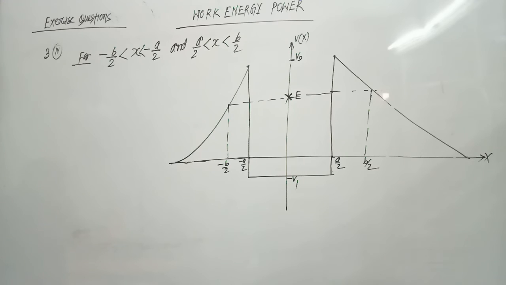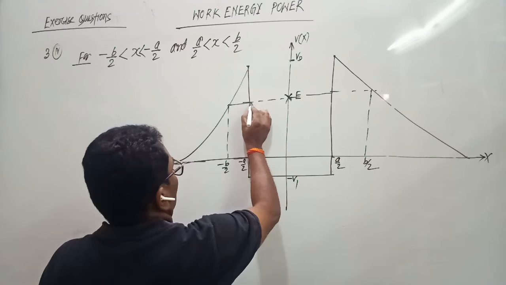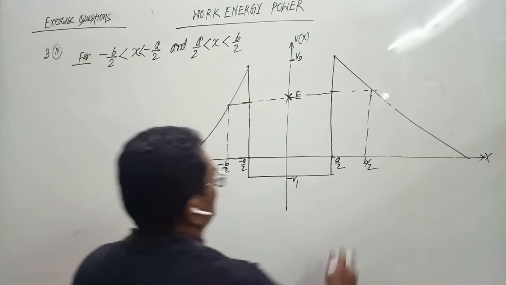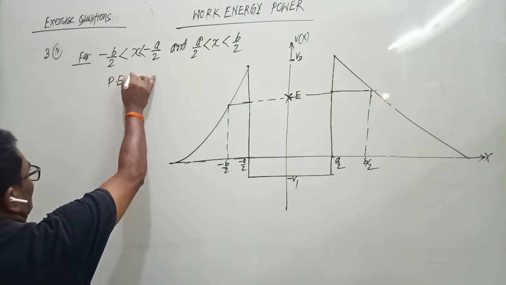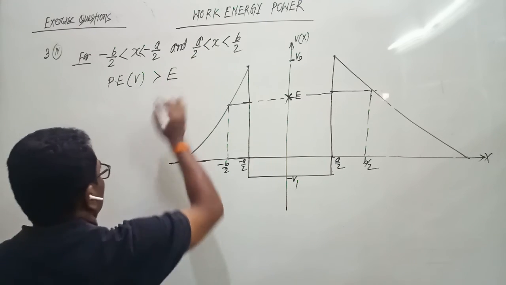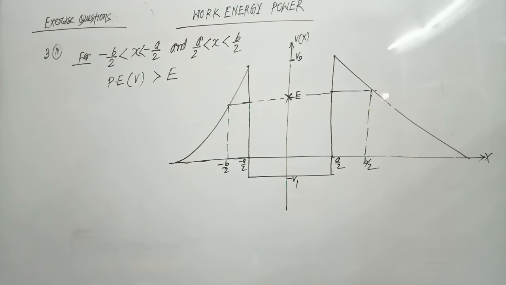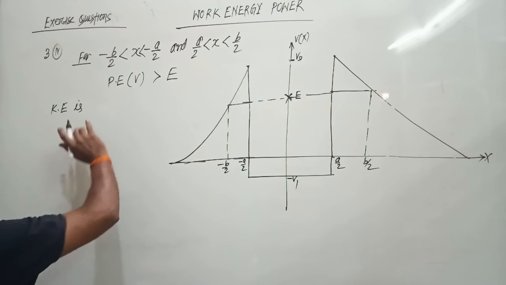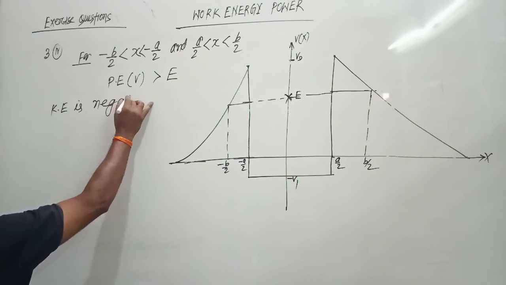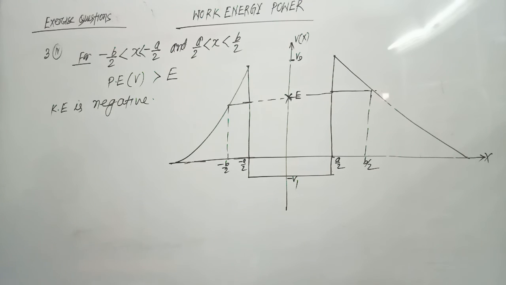But in the regions from minus b by 2 to minus a by 2, and from a by 2 to b by 2, potential energy V is greater than the total energy E. So kinetic energy is negative because potential energy is greater than total energy.